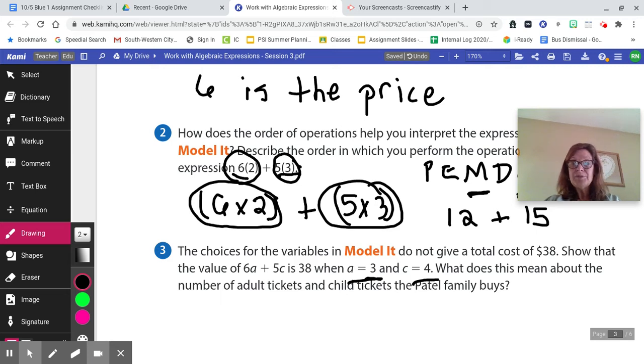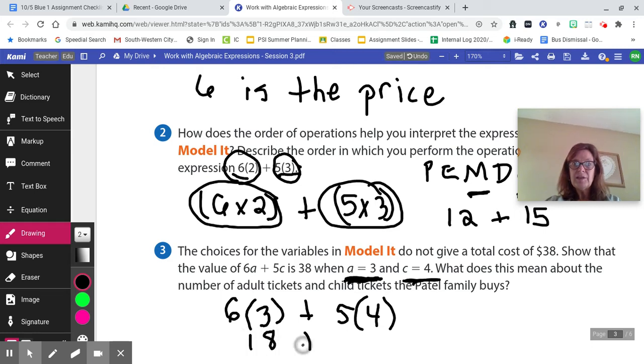So we need to substitute. You're going to hear that a lot. I know they want A to equal 3. So I'm going to substitute 6 times 3 plus, substitute the C is 4, 5 times 4. Do my multiplication first, 18 plus 20, and that gives me a sum of 38.